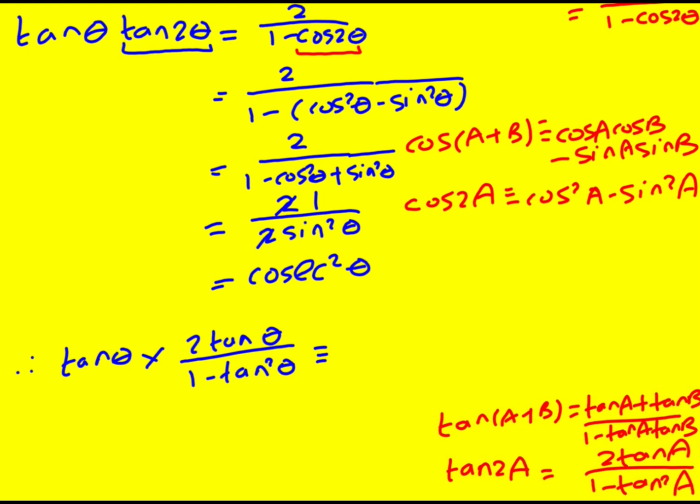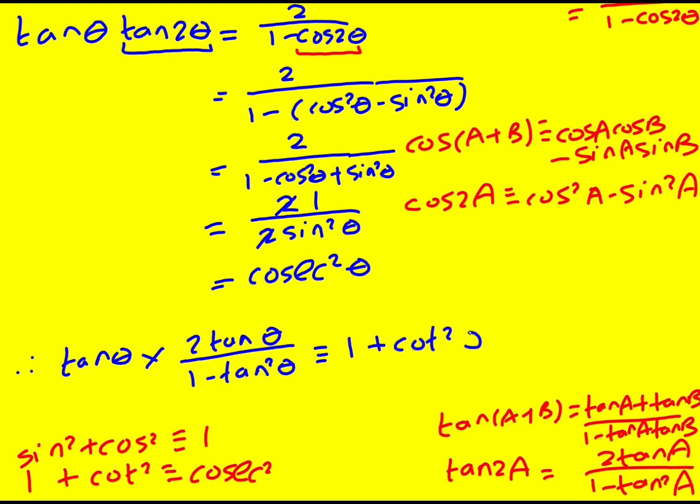Right, so how does cosec squared come into it? Well, sine squared plus cos squared is identical to 1. If we divide through by sine squared, then 1 plus cot squared is identical to cosec squared. So the right-hand side can be rewritten as 1 plus cot squared theta.